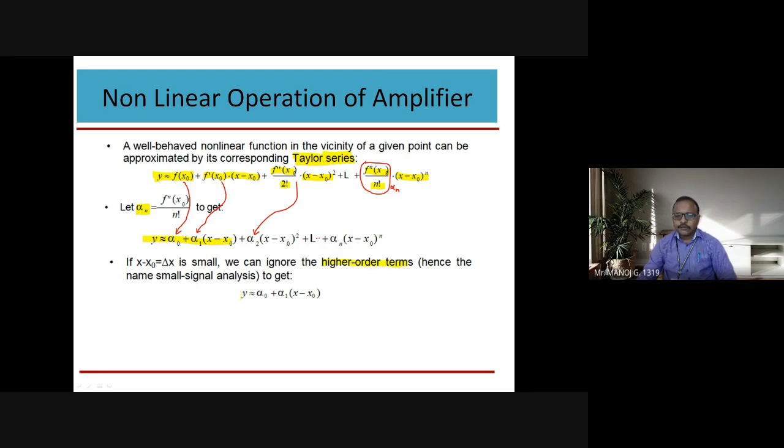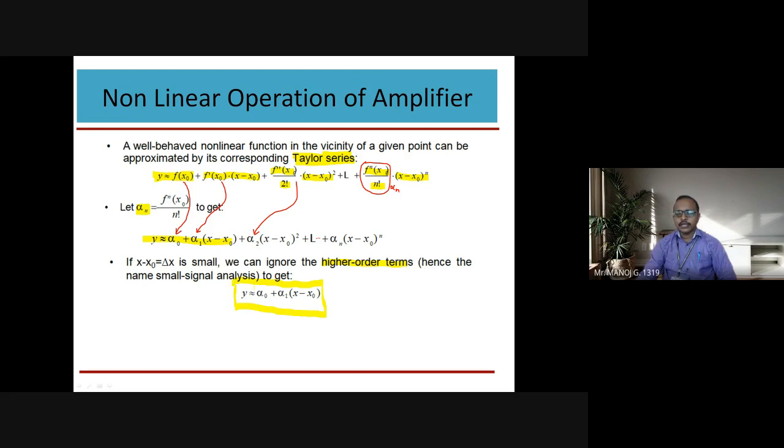Hence, we get this expression: y is approximately equal to alpha naught plus alpha 1 into x minus x naught. This is a very important expression.